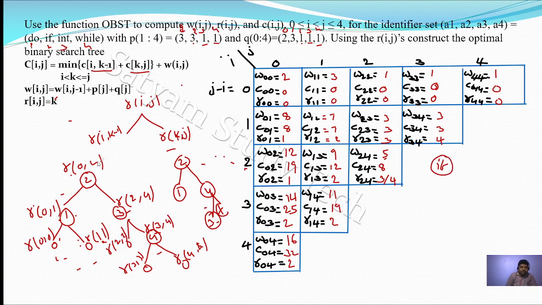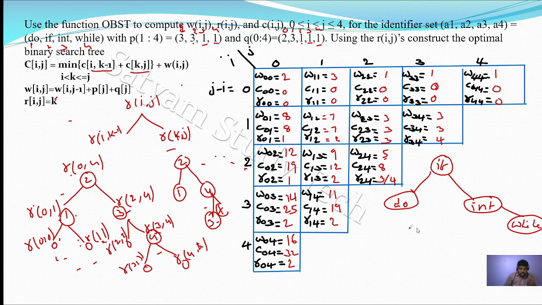Left of it is 1. What is the first key? Here the first key is do, and here it is 3, the third key, which is int. Now you can see the fourth key. Right of 3 is 4, that is the fourth key, which is while. So this is one binary search tree.